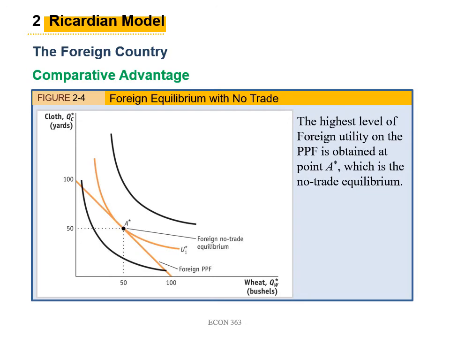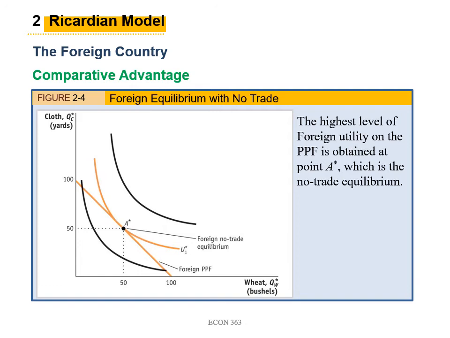By the way, on page 10 of my lecture notes, I realized that when I drew the diagram for the two countries, for some reason my lecture notes have the wheat and cloth axes flipped. On page 10 of my lecture notes, I have wheat on the vertical.